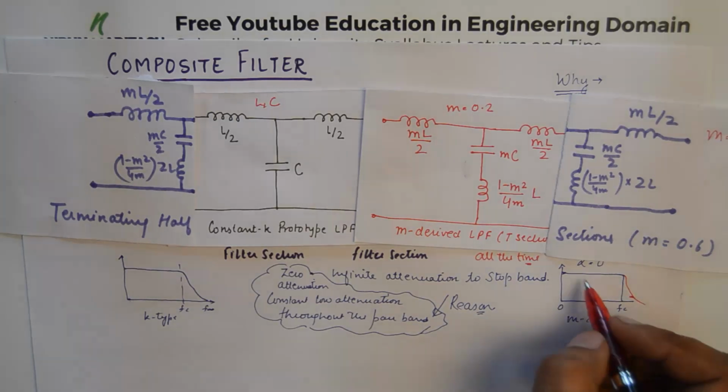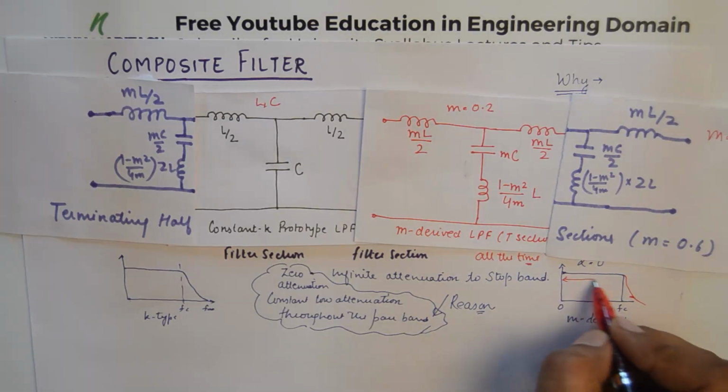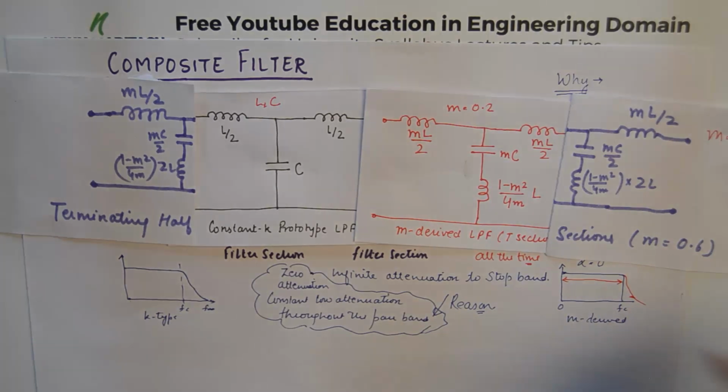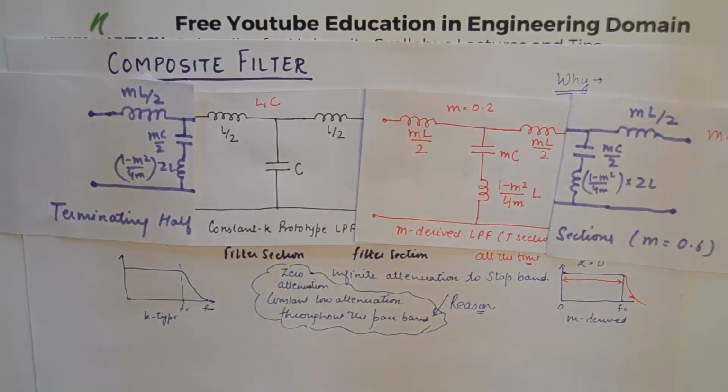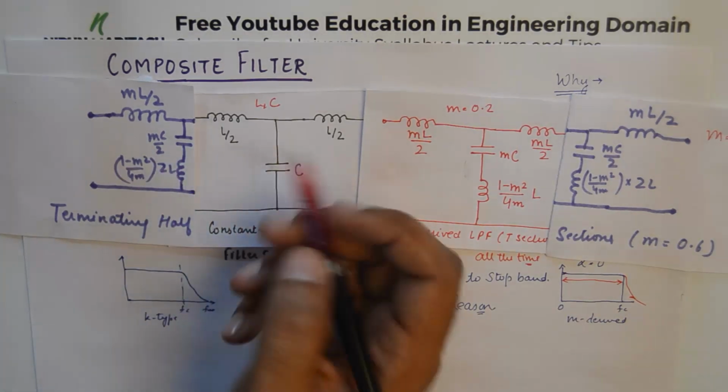Now what is finally left is a constant response of attenuation throughout the passband, which is achieved by these two terminating half sections. And I've tried to make it easier to understand how you can use T sections to make terminating half sections, and then you can of course combine it.